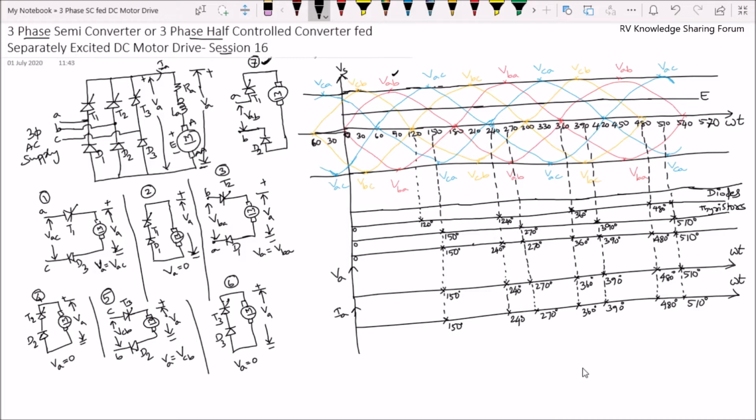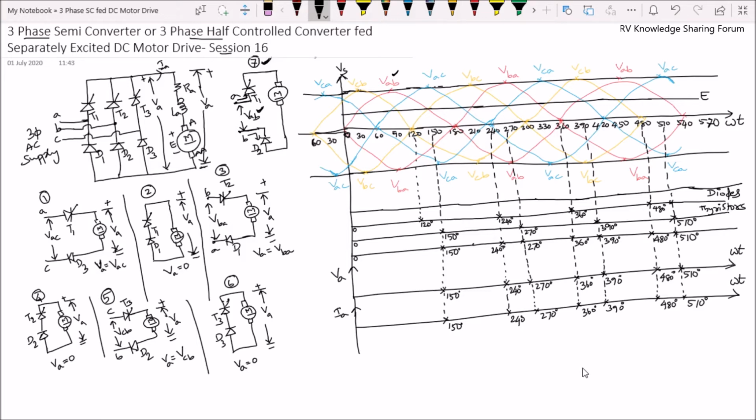In this circuit 7, the line voltage which is given is VAB. The line A is connected to thyristor T1, and the line B is connected to diode D2.